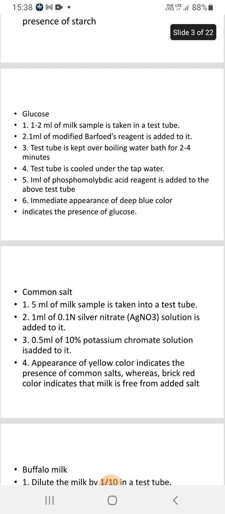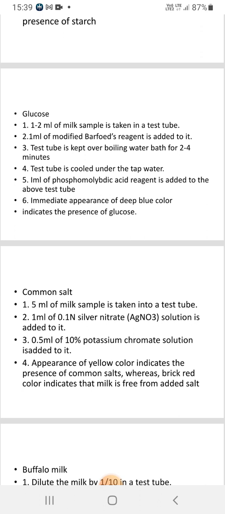Because sometimes the milkman adds additional common salt to the milk sample, because salt is also white in color and the milk is also white in color, so they add salt to it sometimes. So salt is what? Sodium chloride, NaCl. So for checking its presence, we should use the reagent containing silver nitrate.